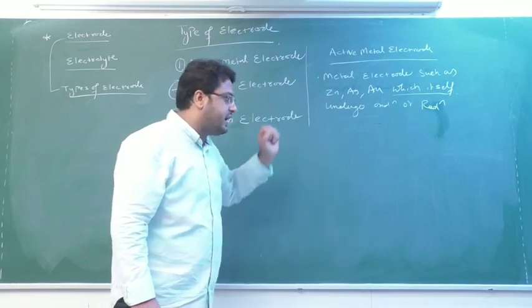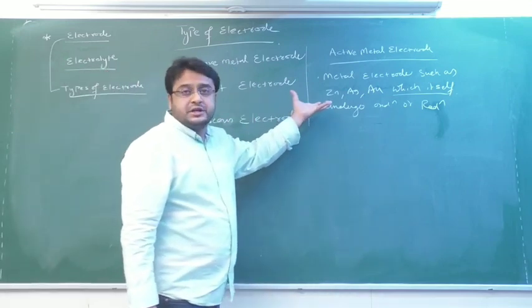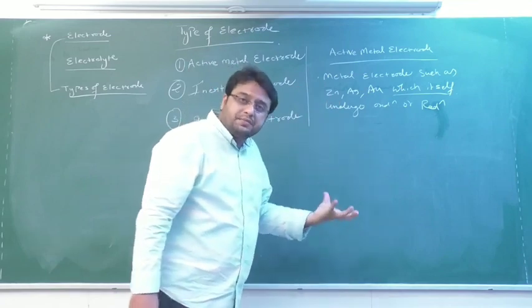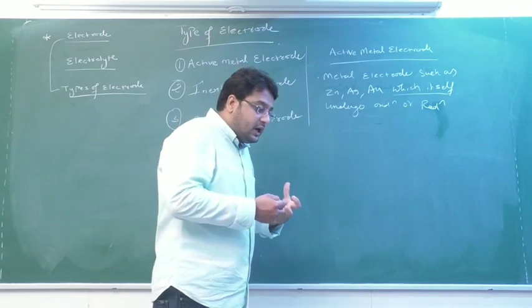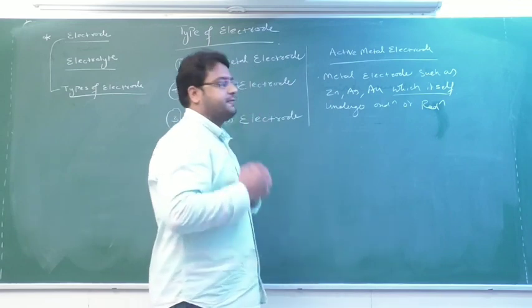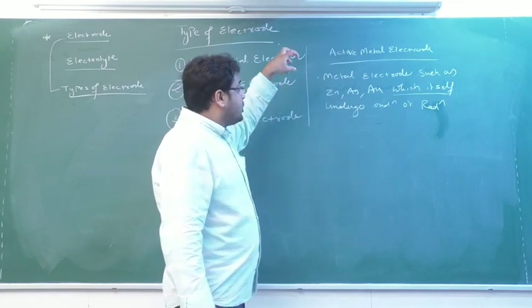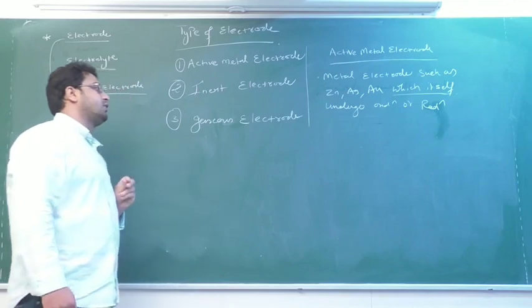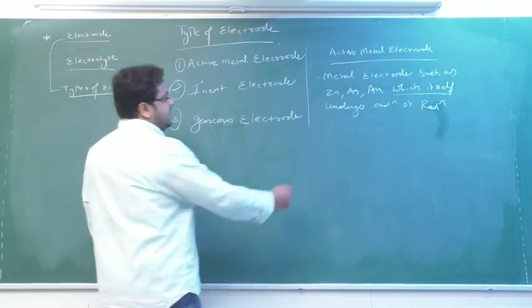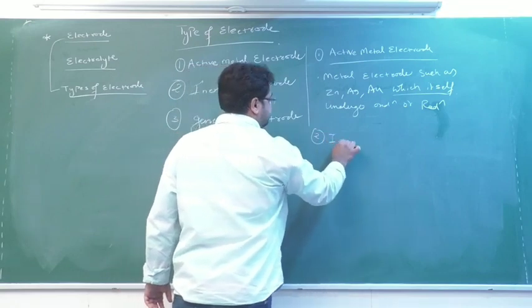Whereas if it acts as a cathode in a certain case, after the completion of the reaction its weight will increase, meaning it has undergone reduction itself. So they will themselves undergo oxidation and reduction: active metal electrode. When I do the inert electrode, it will become clear in detail. Inert electrode.